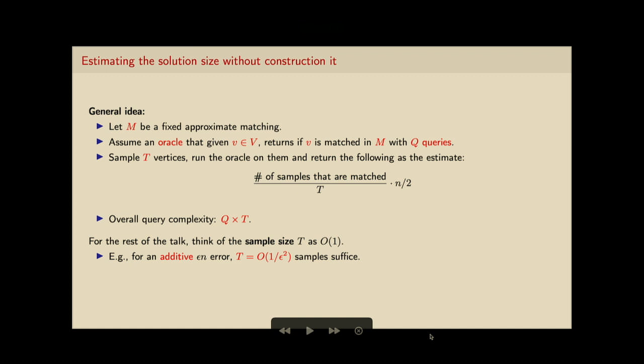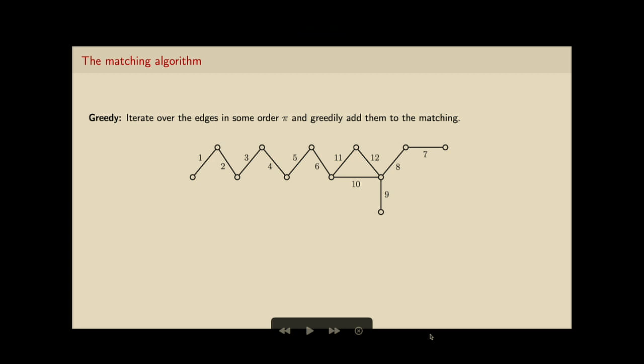All right. It depends on the choice of M. Like, what matching do you fix? You also have to define what the oracle is and then start analyzing how much it takes for a random vertex. Okay? So I'm going to talk about the half-approximate algorithm running in order n time.